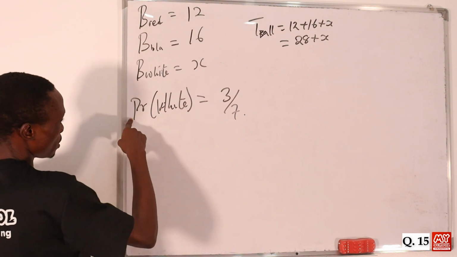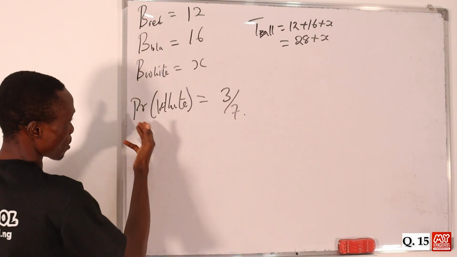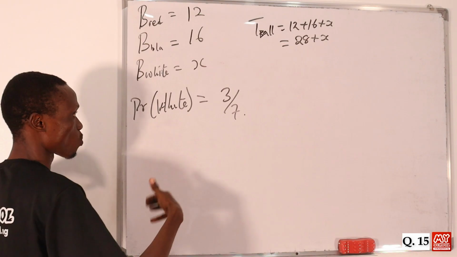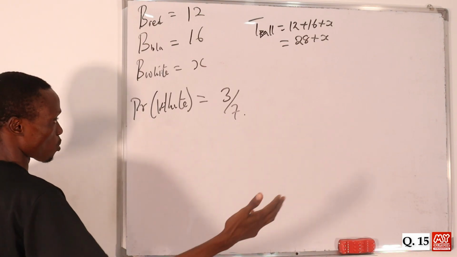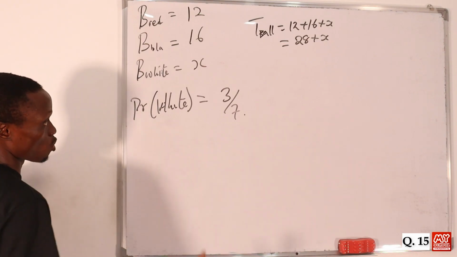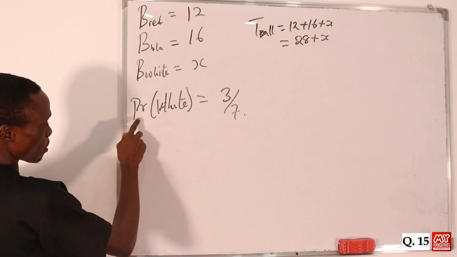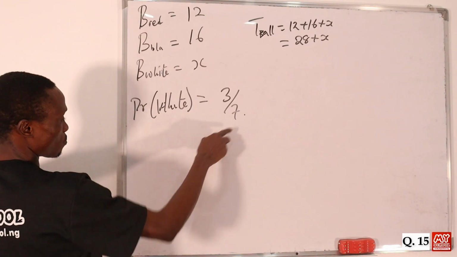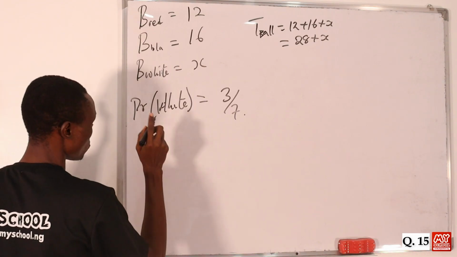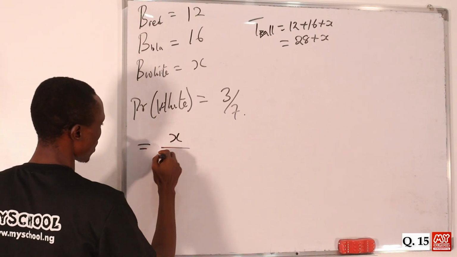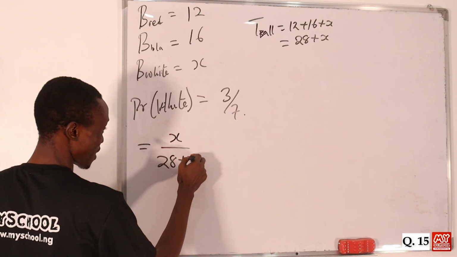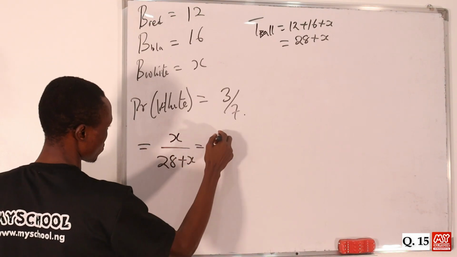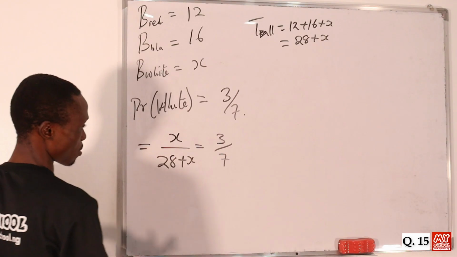Now, what is the probability of picking a white ball? So the probability of picking a white ball is equals to the number of white balls all over the total number of balls. But in this case, the probability of picking a white ball is given to us to be equals to 3 over 7. So that this becomes x all over 28 plus x, okay, is equals to 3 all over 7, right?